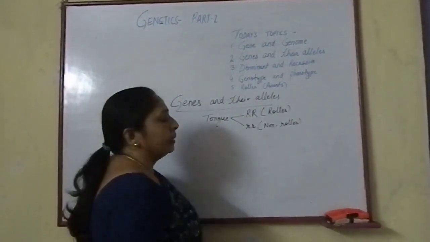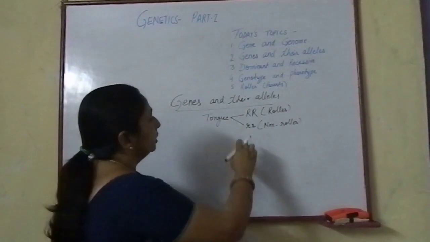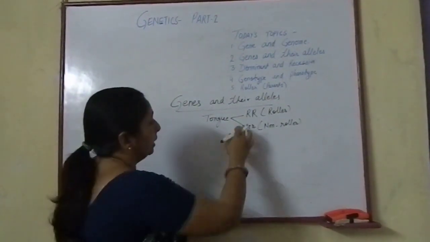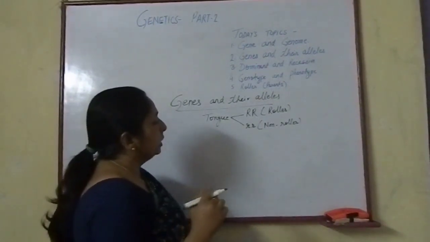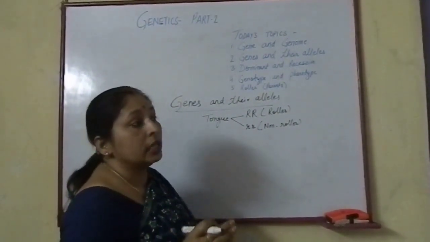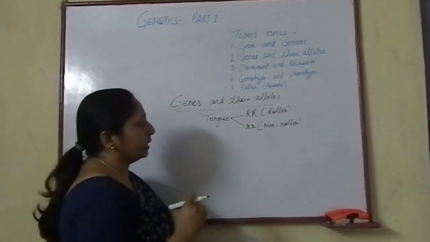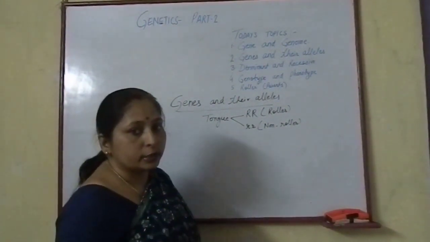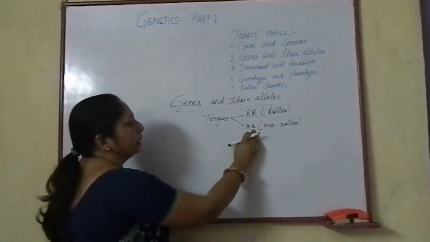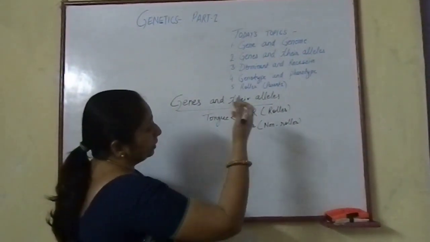It is represented by the gene with a capital letter, that is R, while the non-roller is represented by small r. Always when a character is suppressed and not expressed in the offspring, it is represented by small r.